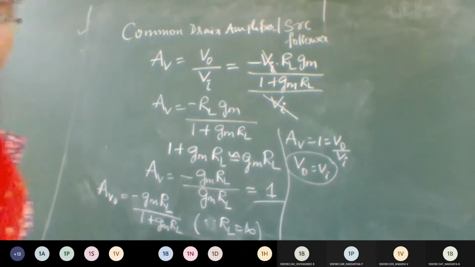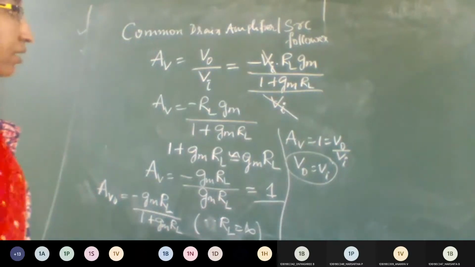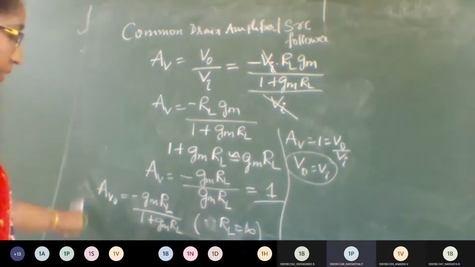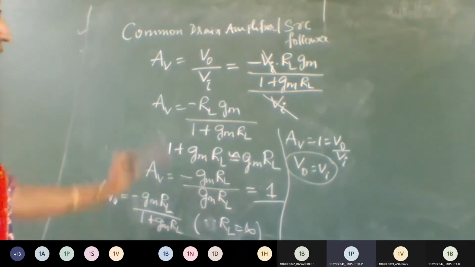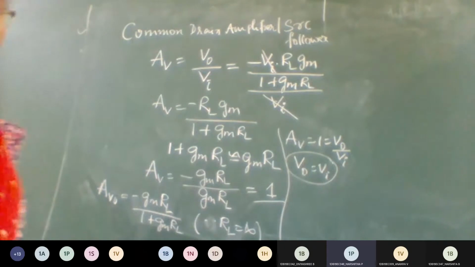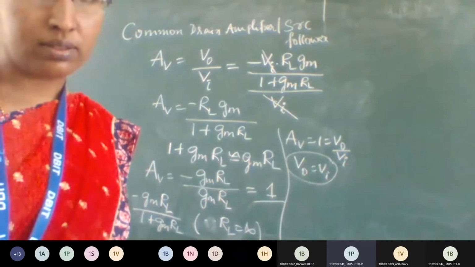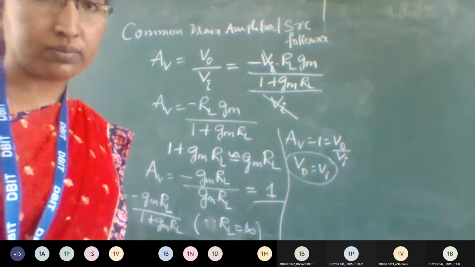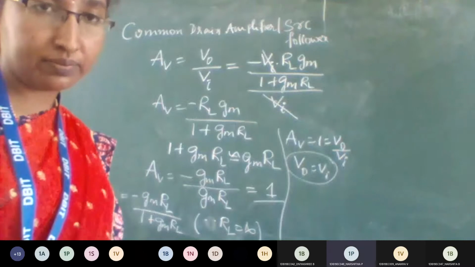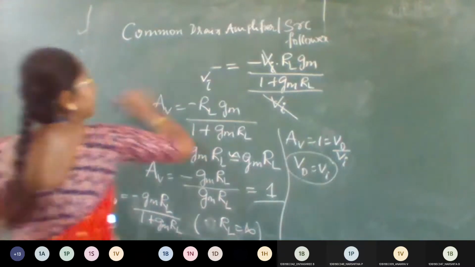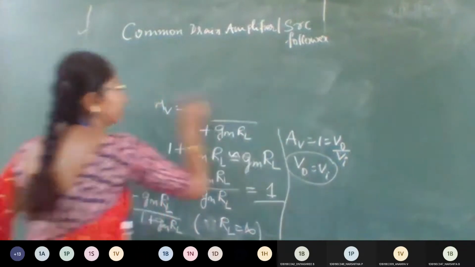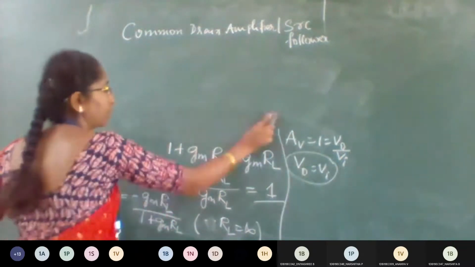Next, what is left out? We found the input resistance, voltage gain and open circuit voltage gain. Ma'am, R naught. Yes, output resistance. Are you copying it or shall I rub it off?